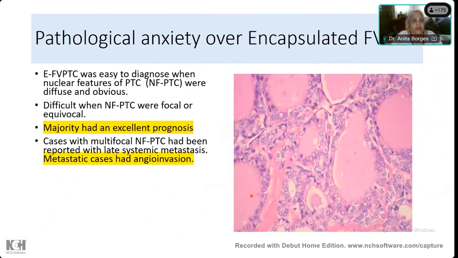EFVPTC was easy to diagnose when the nuclear features of papillary thyroid carcinoma are diffuse and obvious. But look at this thing on the right-hand side. I don't know how many of you would want to call this, in the old days, the EFVPTC. There's no nuclear overlapping. Yes, there's nuclear clearing. There is no nuclear grooving.